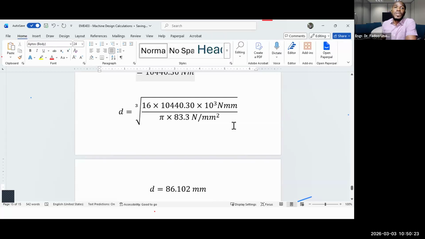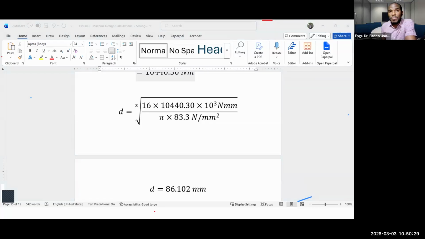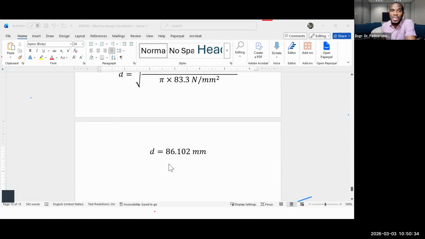Great. Now that is us using the maximum shear stress theory, the Guest theory. Now let's try out the maximum normal stress theory, because we need to know whether this value is bigger than the one we would get using it.